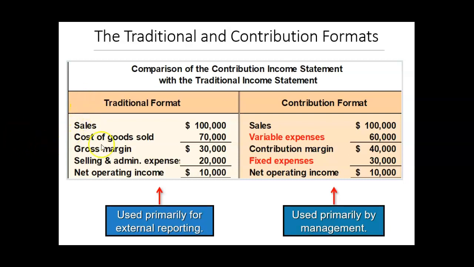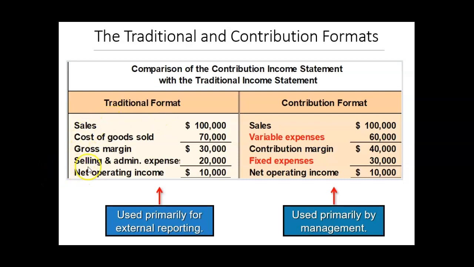On the traditional income statement, used for reporting externally, meaning that it's seen by those outside the company, the normal format is to show sales, which is revenue, less cost of goods sold. So sales shows the amount that we sold the products for. Cost of goods sold shows how much we pay for those products. And the difference is known as our gross margin, sometimes called the gross profit.